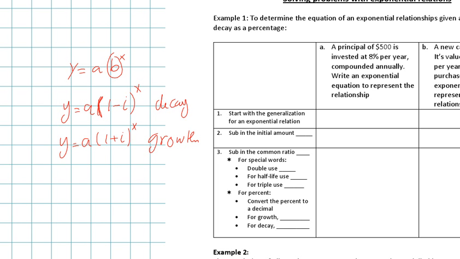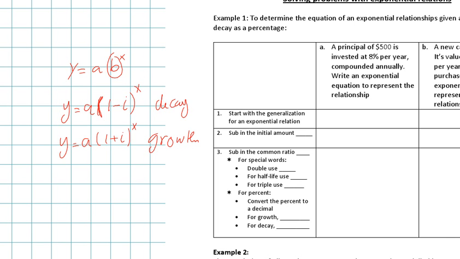But if we know what our growth factor or decay factor is, then we can plug it into b right away, like when we did the table of values. Do you remember?